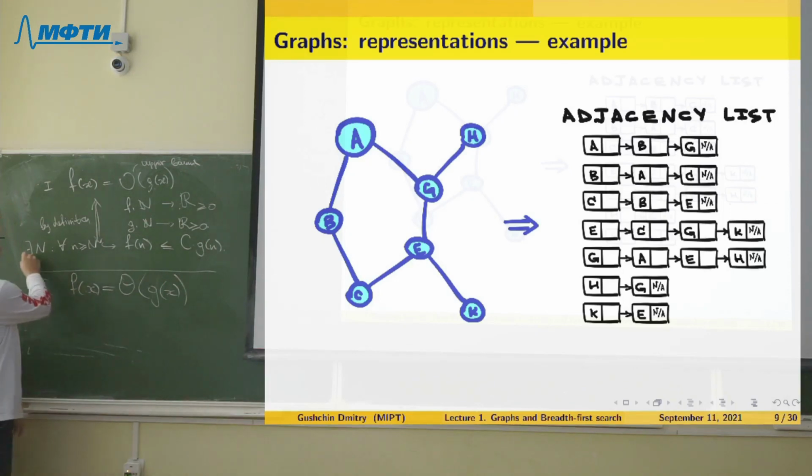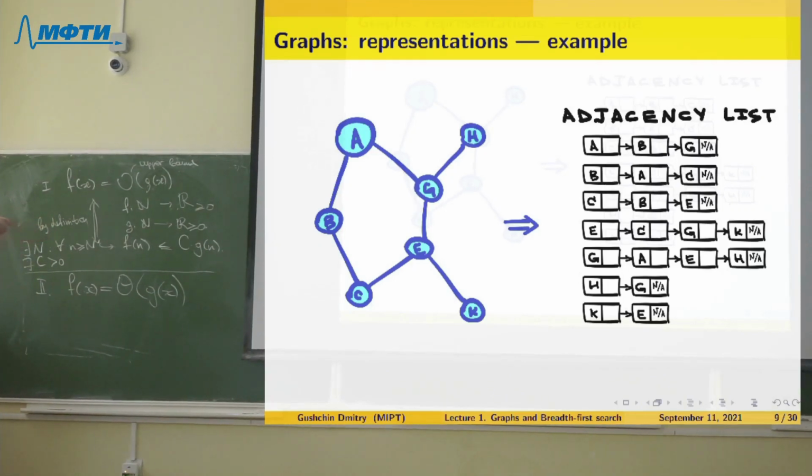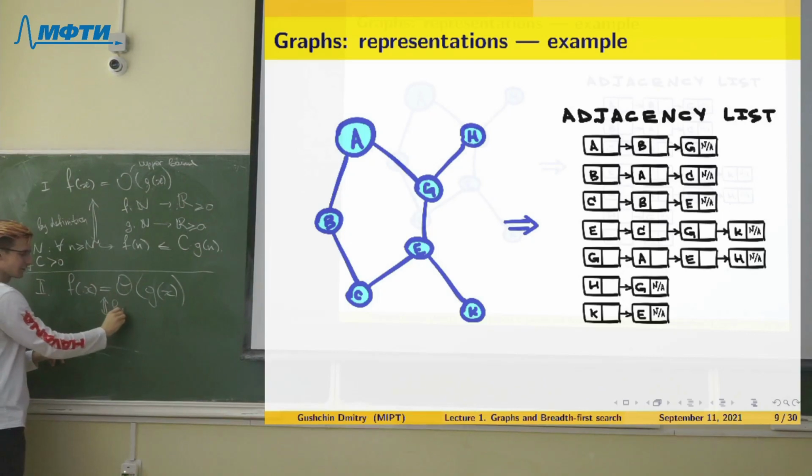And of course there is c, it is given in this inequality. Remember? This is the definition of upper bounds and O notation.